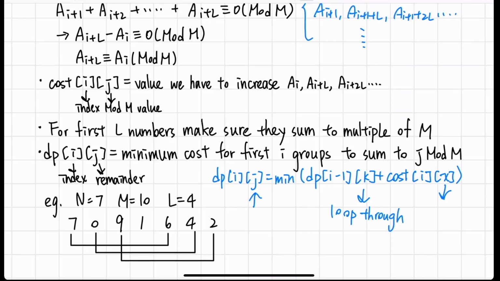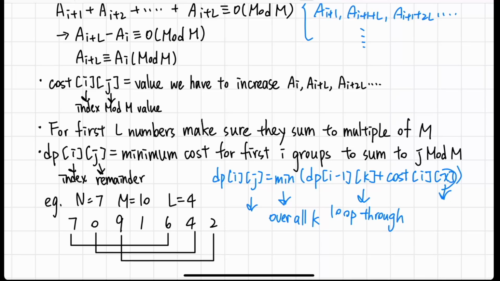So we want to find the minimum over all k. We loop through a value called k, which is the remainder for the first i minus 1 groups, and this is the group we want to transition from. Then we need to find the additional cost that is needed to make sure that afterwards the first i groups have a remainder of j.